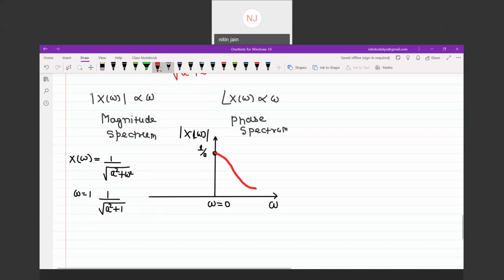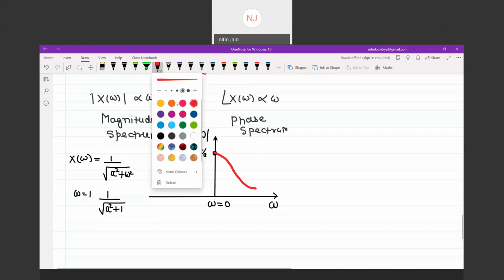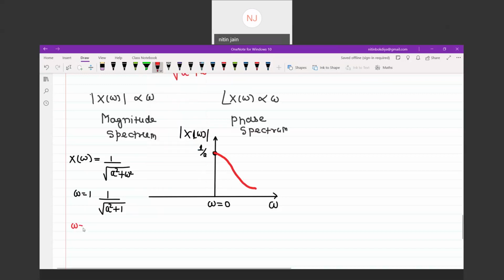Or what I can say, what if omega equal to -1? If omega equals -1 radian per second, you know all Fourier domain expressions are symmetrical, so you will find that kind of symmetry there. So this is again 1 over a squared plus 1.